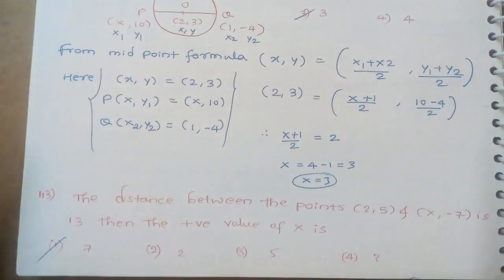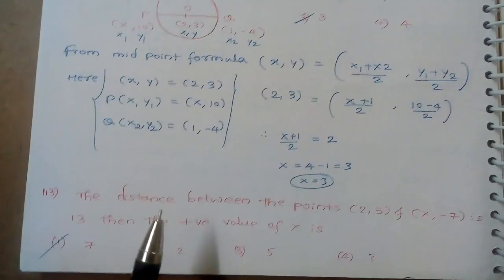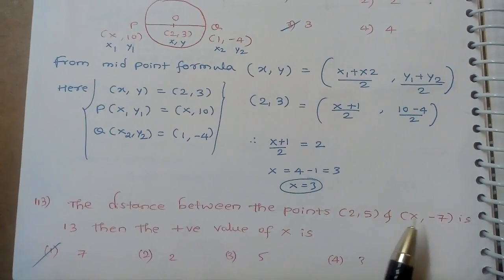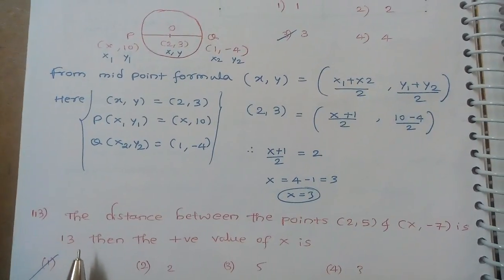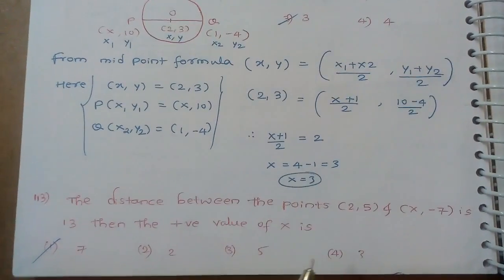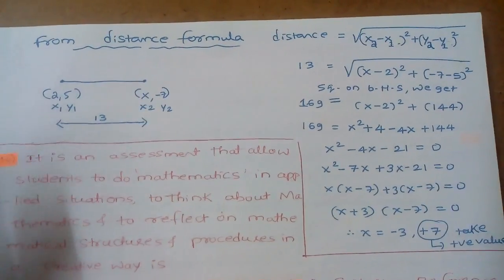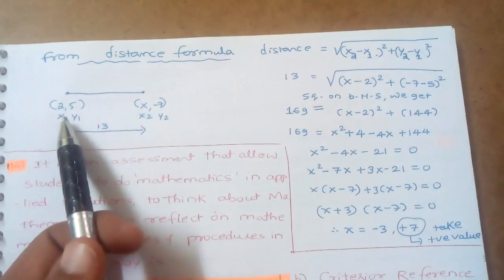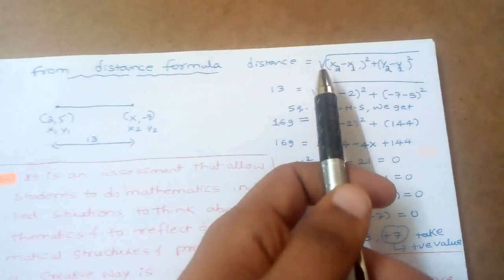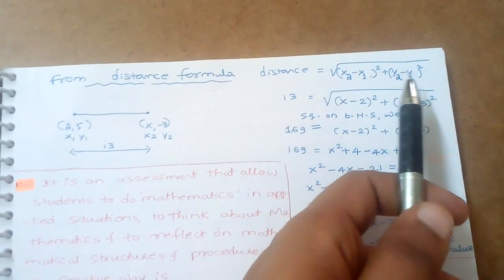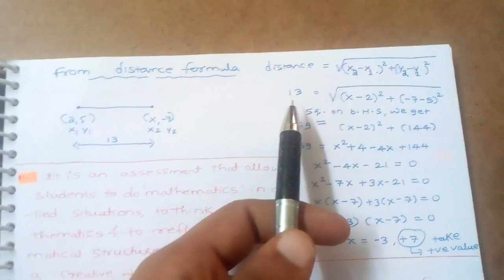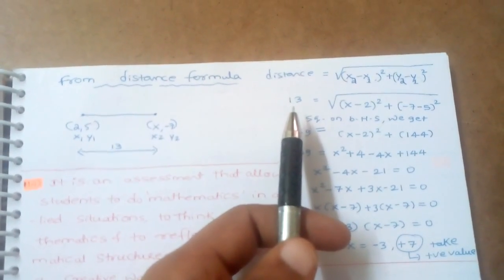This is from the distance formula. The distance between the points 2, 5 and x, minus 7 is 13. Then the positive value of x is what we have to find. We know from the distance formula, distance means x1, y1, x2, y2. So it is of the formula root of x2 minus x1 whole square plus y2 minus y1 whole square. The distance they have already given, that is 13.